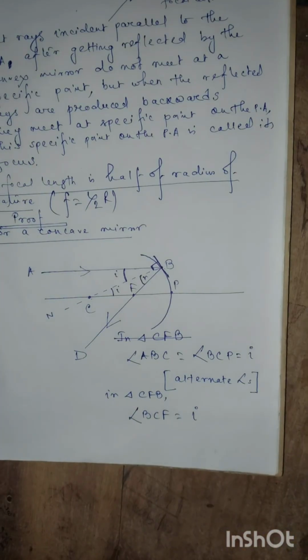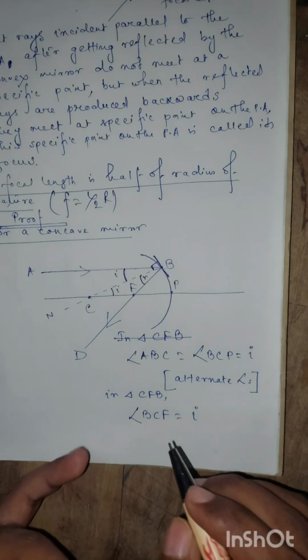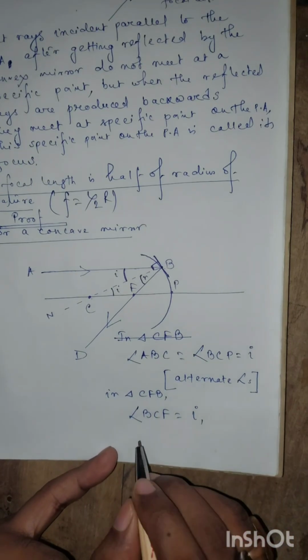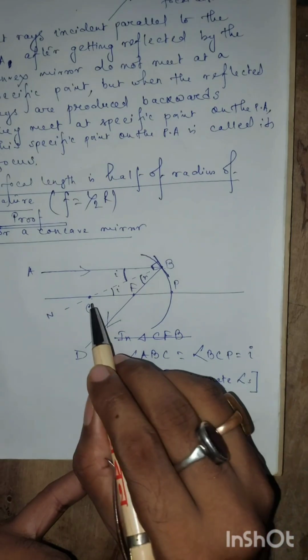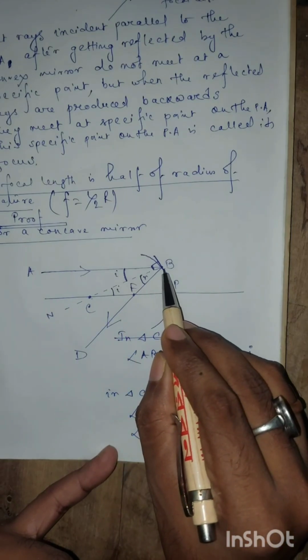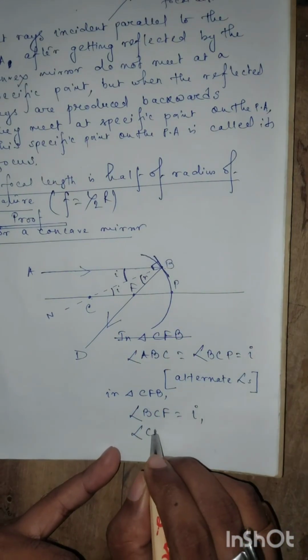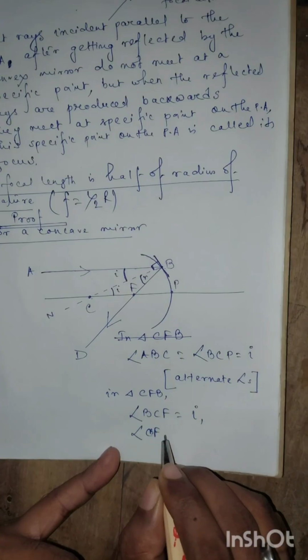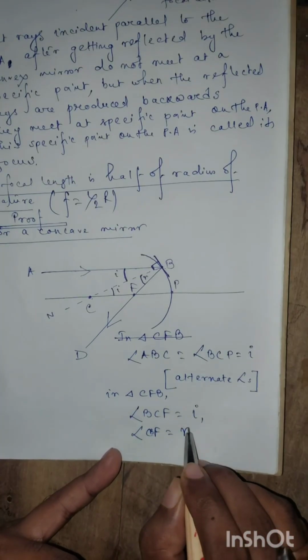So angle BCF is equal to angle I, and angle CBF is equal to angle R.